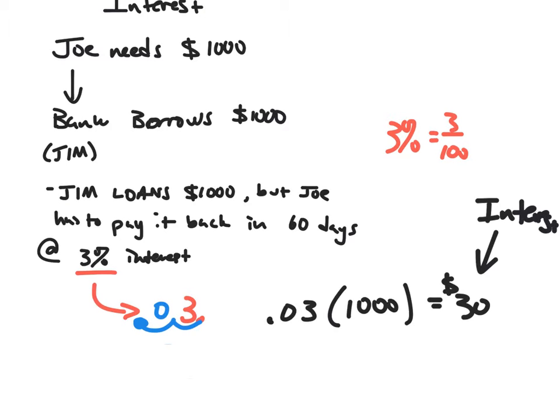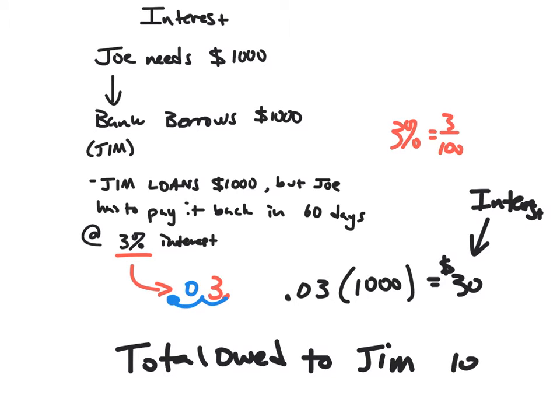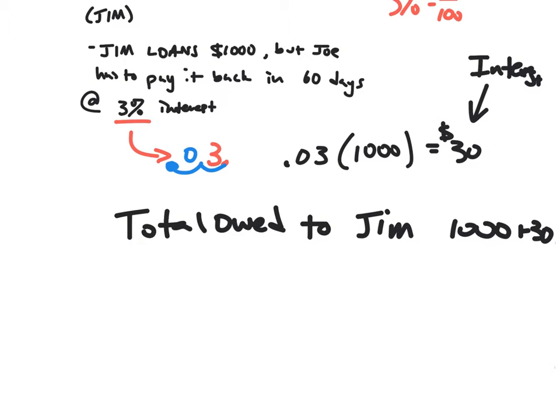This is what I have to pay Jim back. So the total that I owe to Jim, the bank, is the $1,000 that I borrowed plus the $30 in interest. So that's how Jim makes money.